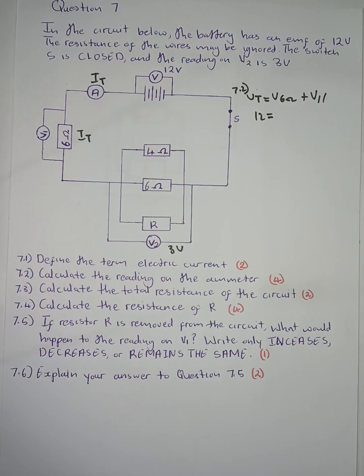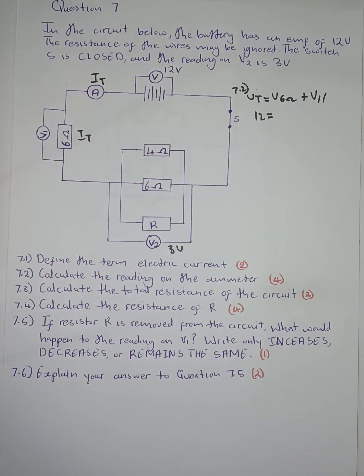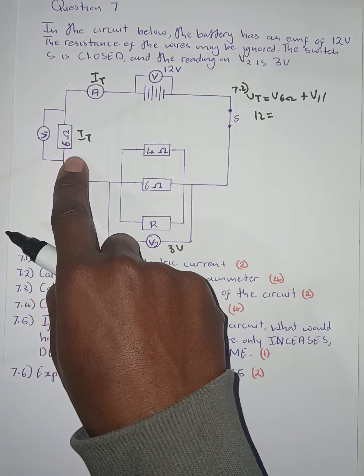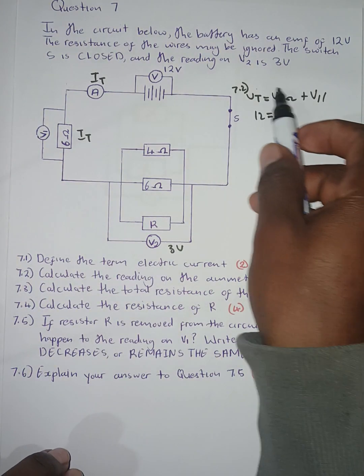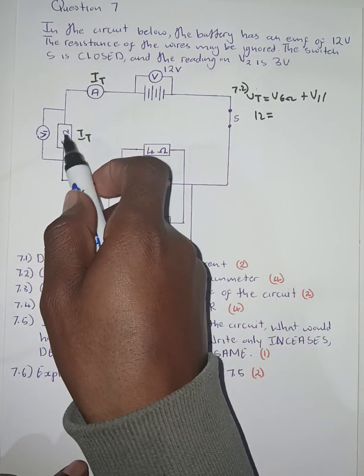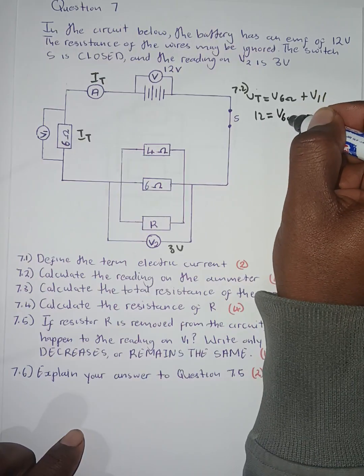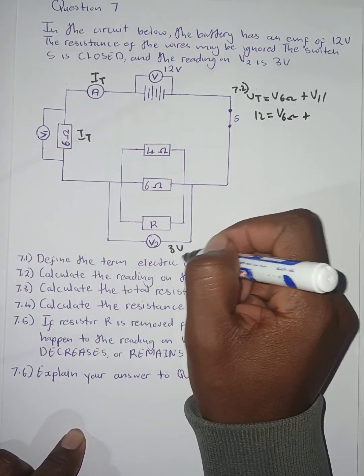So what I'm trying to do is find the voltage across that resistance. If I know the voltage across that resistance, and I know the resistance of that resistor to be 6, I would be able to calculate the current. So I'm trying to calculate the voltage used by that 6 ohm resistor. We know that V total is V 6 ohm plus our V parallel. They said that's 3 volts.